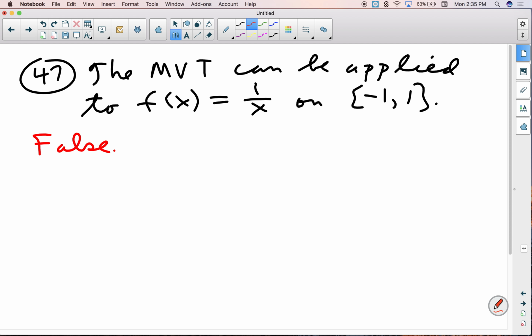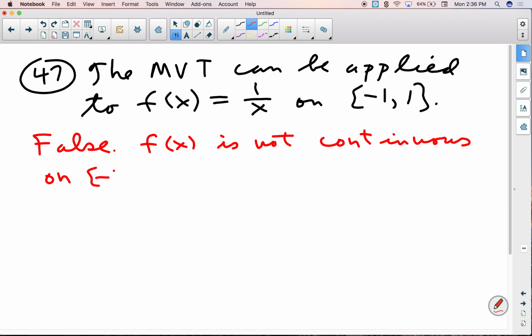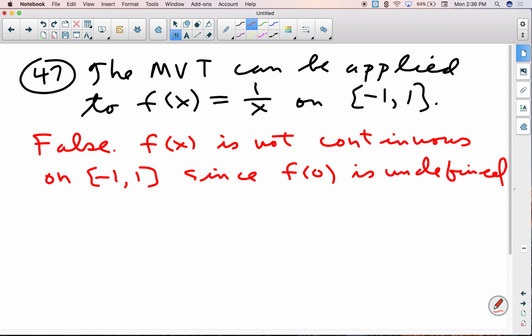So I put false. f is not continuous on the interval, since f is not defined at 0.